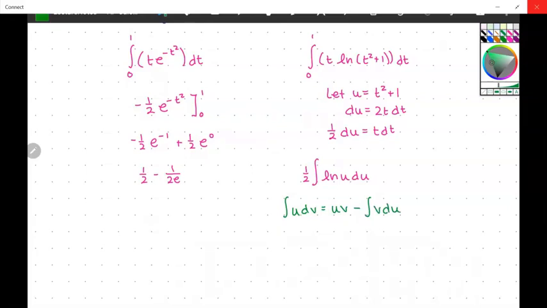Now, the only thing is, we're already using u. So I'm going to make it w and v instead of u and v, and change all of these u's to a w, because they are not the same u that we had above.